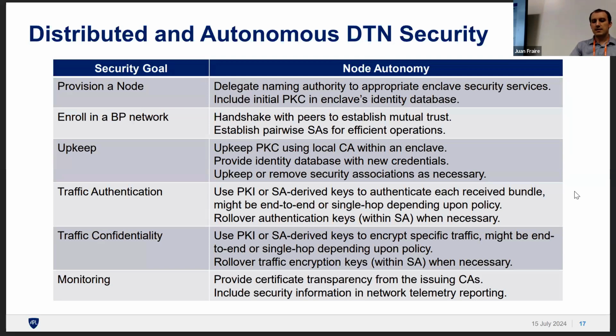Another piece of autonomy is the upkeep of certificates, the upkeep of security associations. Autonomy in this case means allowing an end node to decide when is the best time to renew, based on all of the available information that it has that the central authority might not have. And then monitoring is an important aspect of this: when you have autonomous systems, it's important to be able to make sure that they're doing the right thing. But this is not a closed loop kind of feedback involving central control.